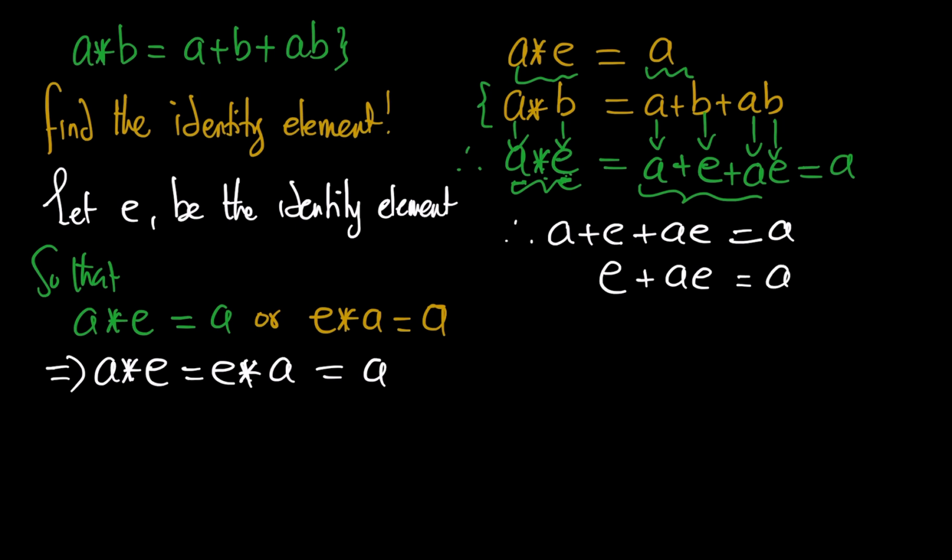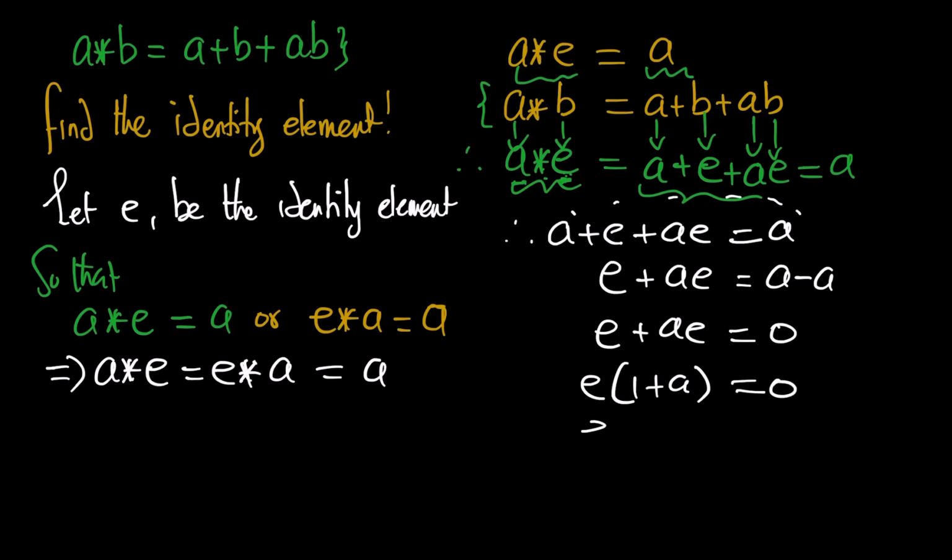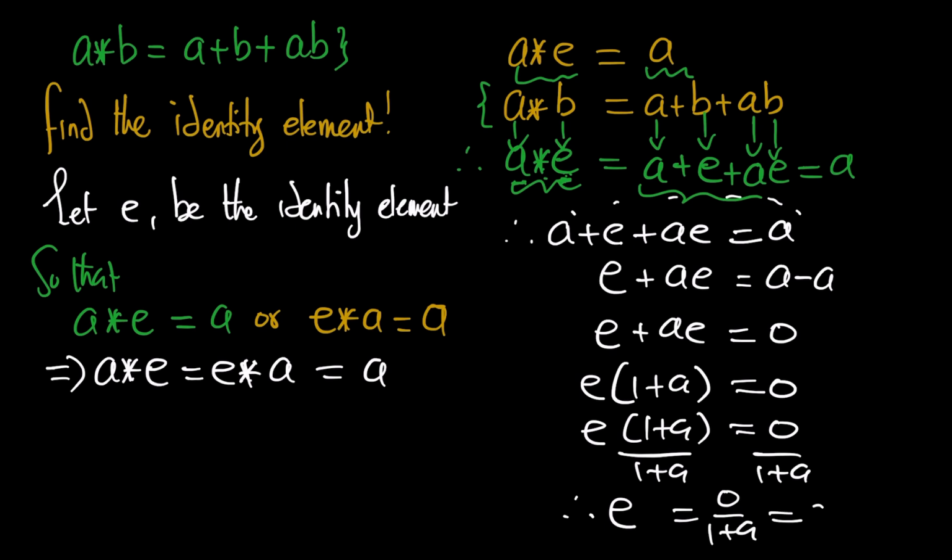This A moves to the other side and becomes minus A. And you have E plus AE is equal to 0. We factor E out, we get E times 1 plus A is 0. Now we divide both sides by 1 plus A. Therefore, our E is 0 over 1 plus A, which is 0.